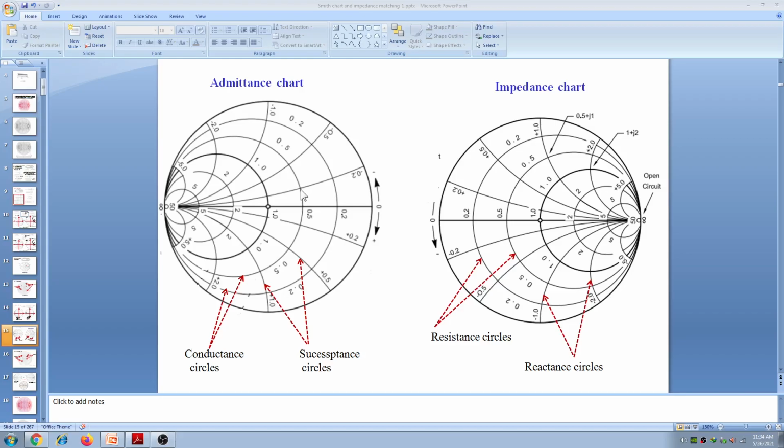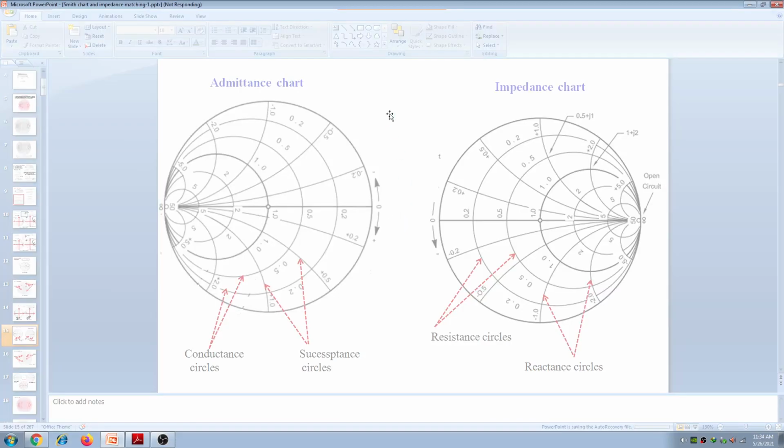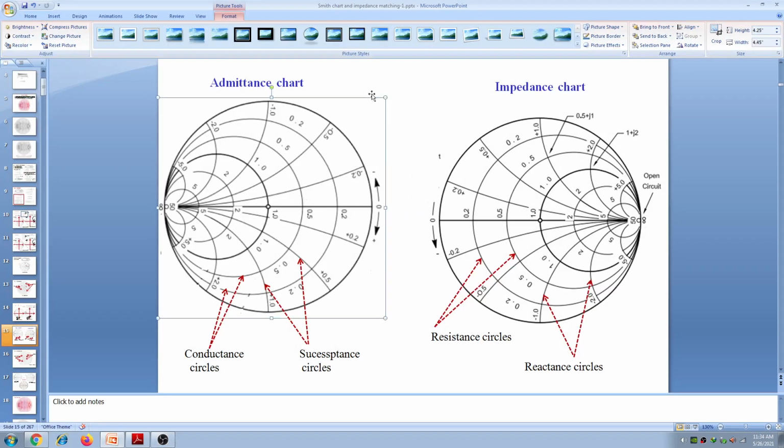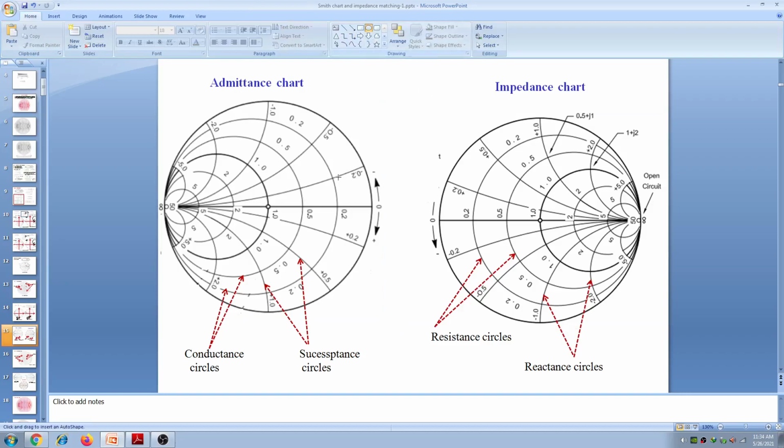You take a susceptance circle passing through this point. For example, here, at this point, what is the conductance value?